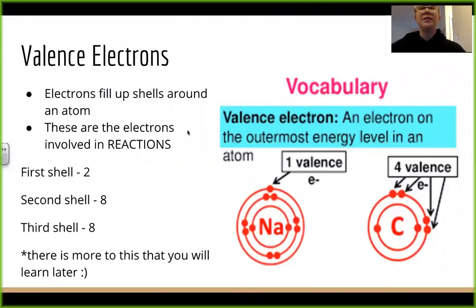The crazy thing about electrons is that they fill these energy levels. The way we draw them here in a Bohr model, they look 2D. But really, atoms are 3D, right? Electrons are moving around in a cloud on the outside. Even though they're in these energy shells, they are moving around a lot, so this is a very simplified drawing.